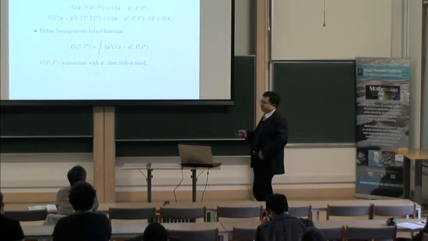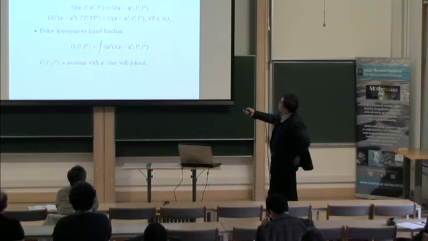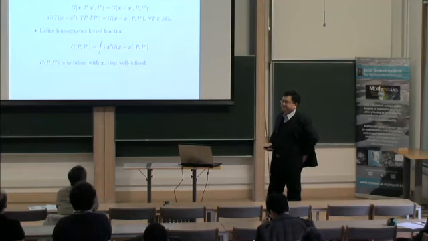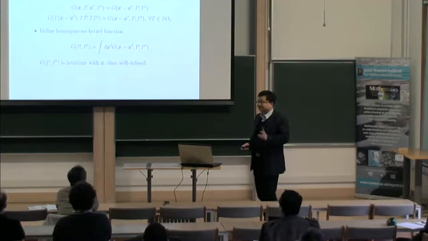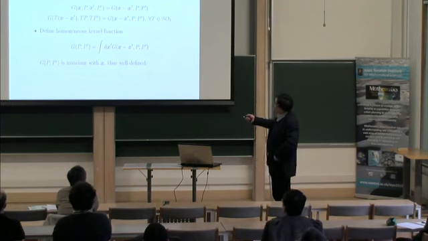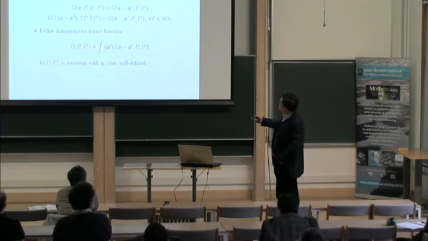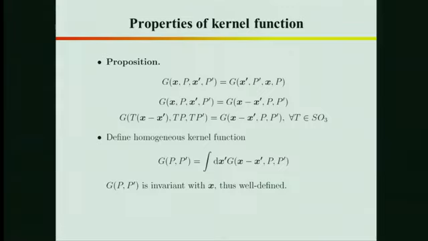Now, first of all, let's talk about the kernel function properties, because this is important in the formula. We have a proposition: because two molecules can be exchanged, it should be the same, and it is translation invariant. And for any t in SO3, this should hold. Then we can define the homogeneous kernel function.